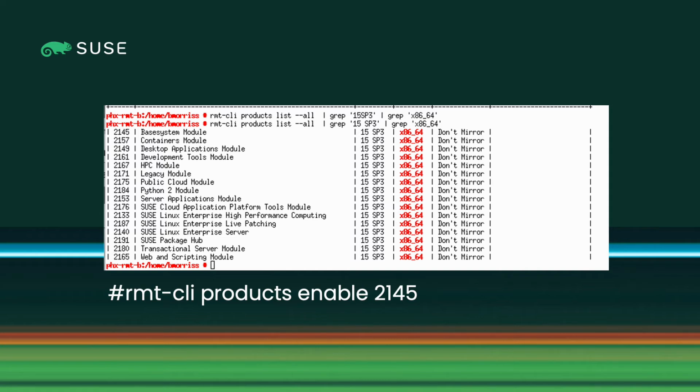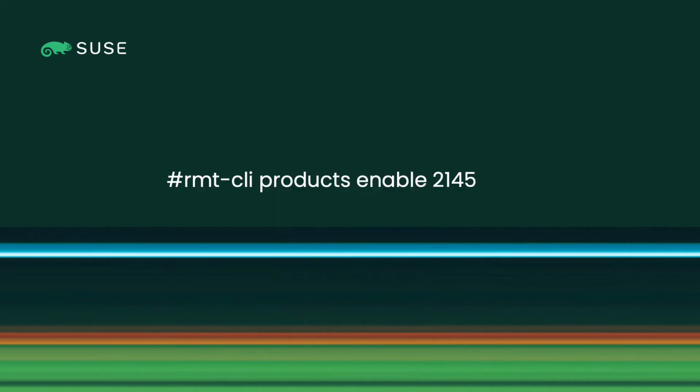You'll take note of the 4-digit number to the left side of each product displayed. In the list above, the base system module is product number 2145. Following the instructions in the setup guide, you would enable this product for mirroring simply by using the command rmt-cli products enable 2145.